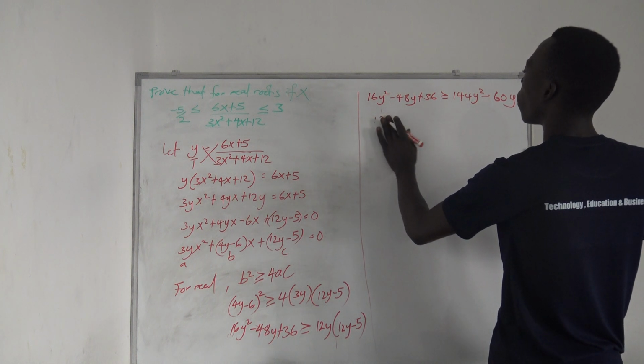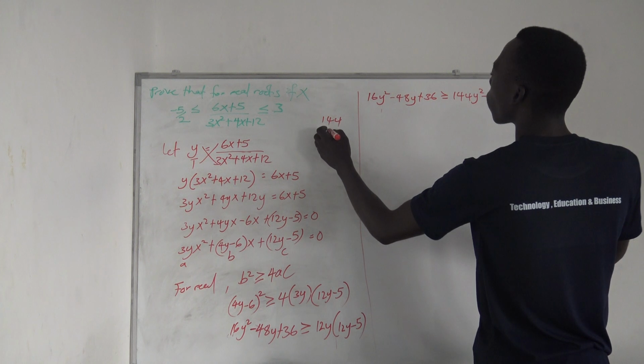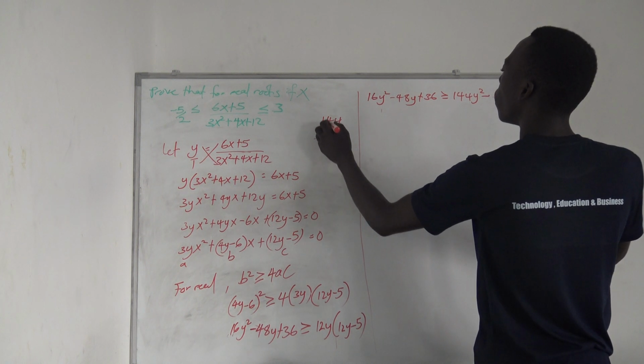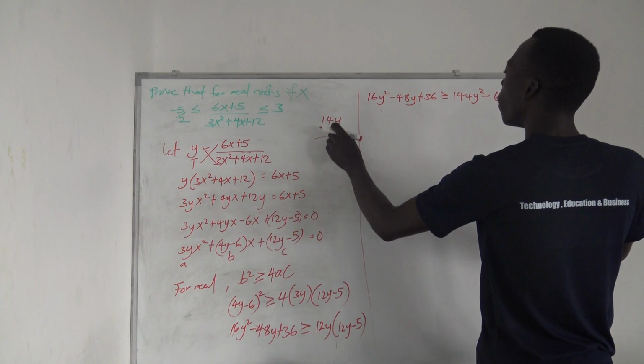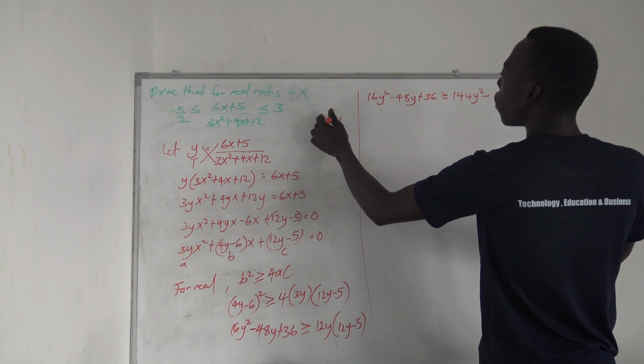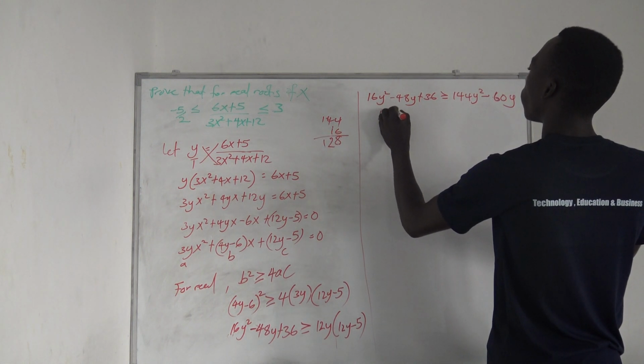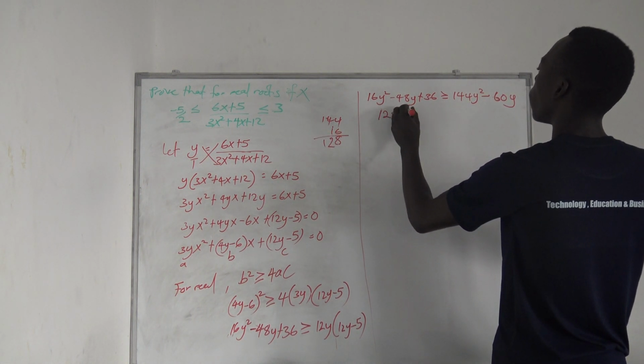When you say 144 minus 16, it becomes 128, that is 128y squared.